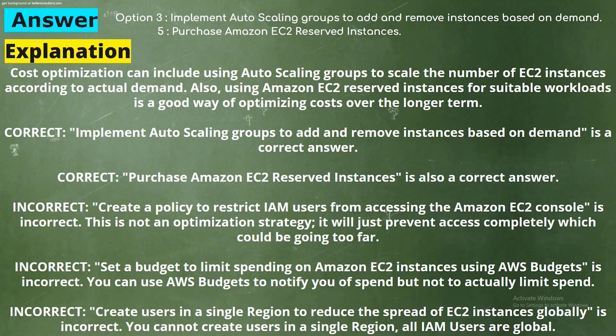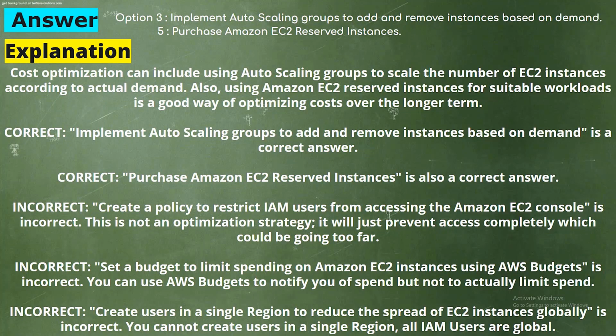Correct, implement auto-scaling groups to add and remove instances based on demand is a correct answer. Correct, purchase Amazon EC2 reserved instances is also a correct answer. Incorrect, create a policy to restrict IAM users from accessing the Amazon EC2 console is incorrect. This is not an optimization strategy, it will just prevent access completely, which could be going too far.